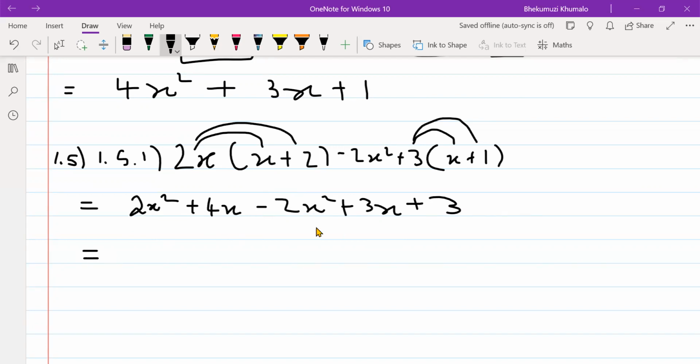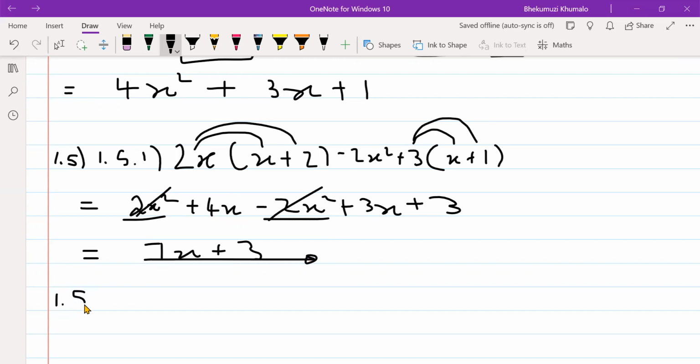And so now we need to just group the like terms. As you can see, we have minus 2x squared and 2x squared. That will cancel each other out, so we don't have to write anything. But 4 plus 3 would be 7x, and then we're only left with plus 3. And there's really nothing else we could do. So this is the final answer.